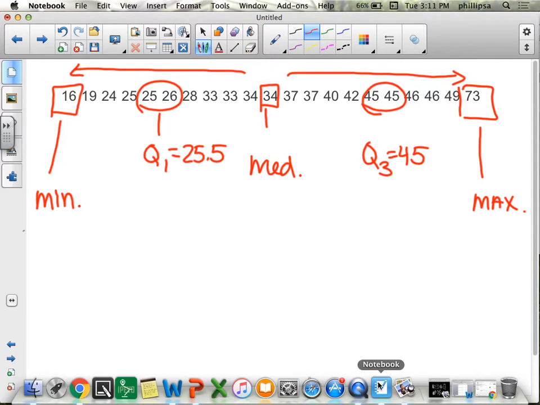So you can now make a box plot. Create my number line.